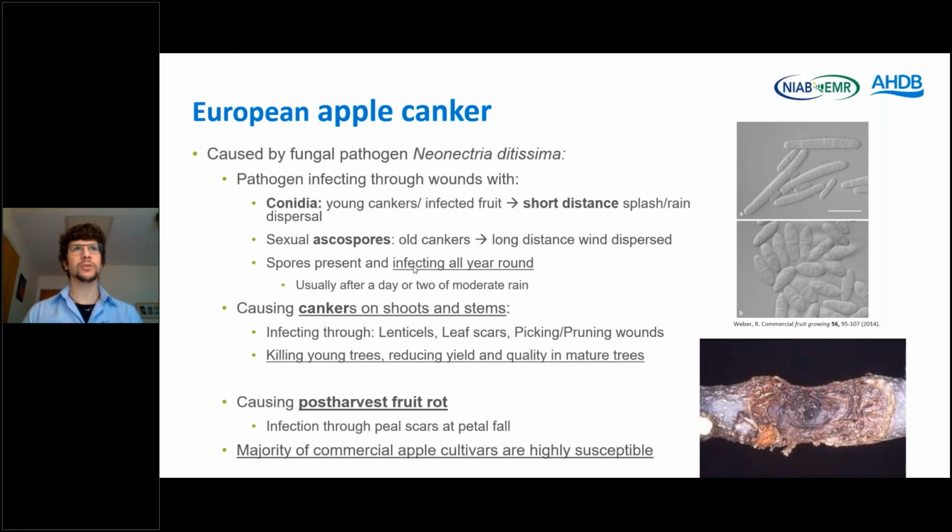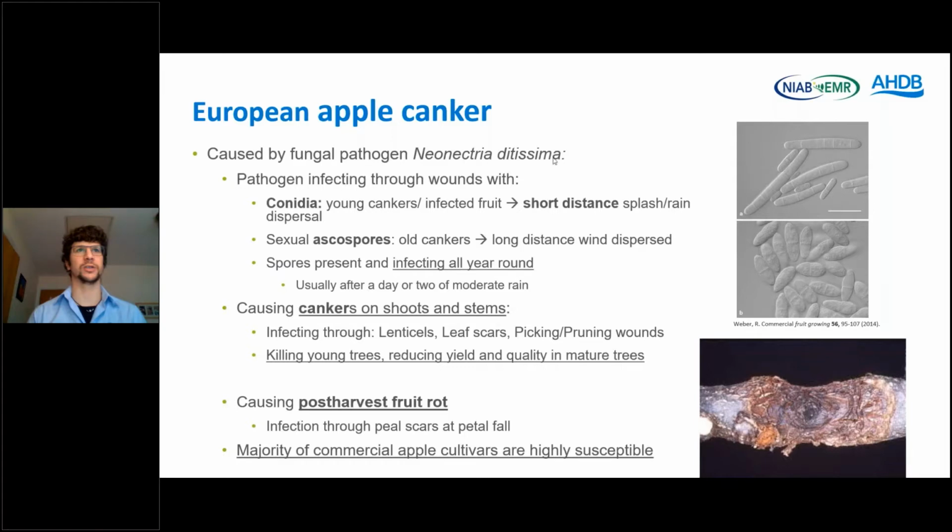And then it also spreads through ascospores, which are the spores in the lower picture of the 2 spore pictures, and they're produced by old cankers, and they are wind dispersed long distance, up to half a mile or more, so they can be the source of infections from old orchards to new orchards.